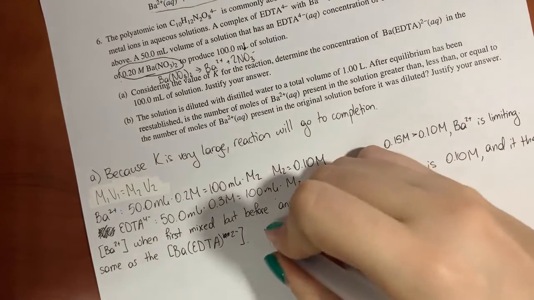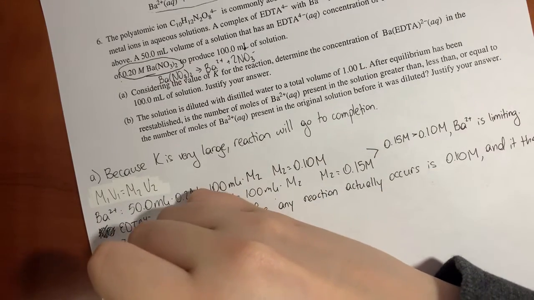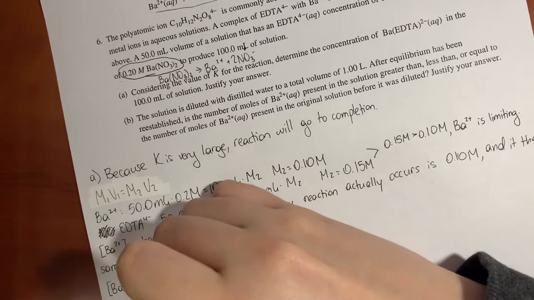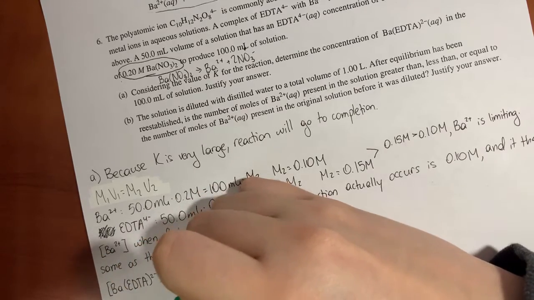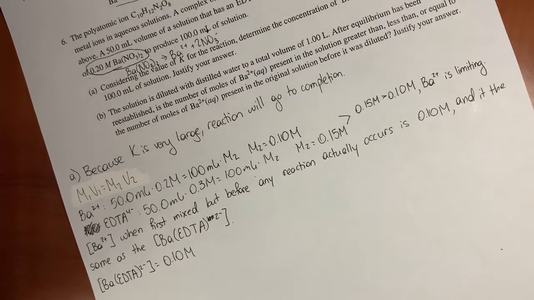And so we can just say that Ba-EDTA2- is 0.10 molar. And that's it, you're done. That's it for part A.